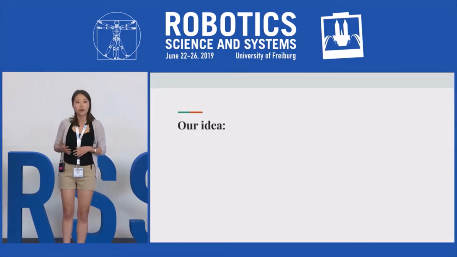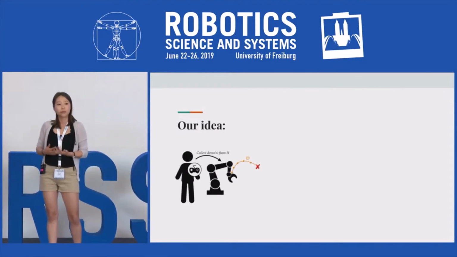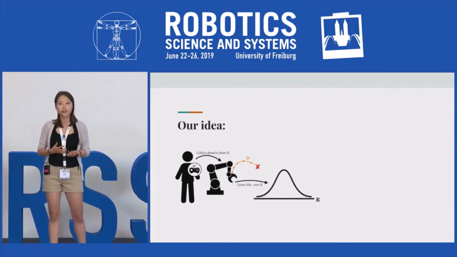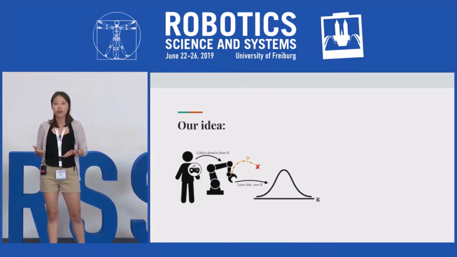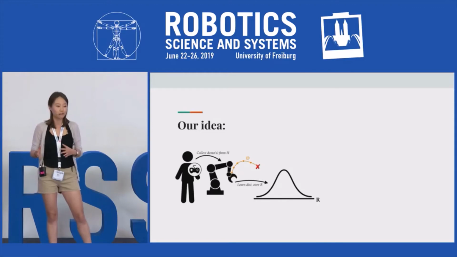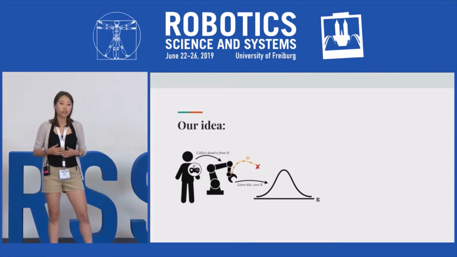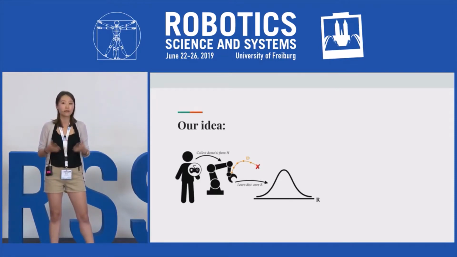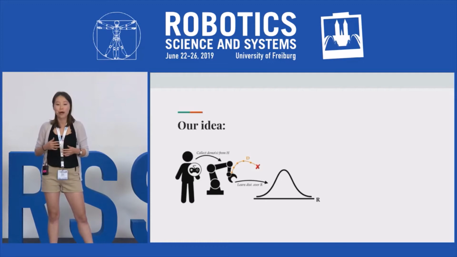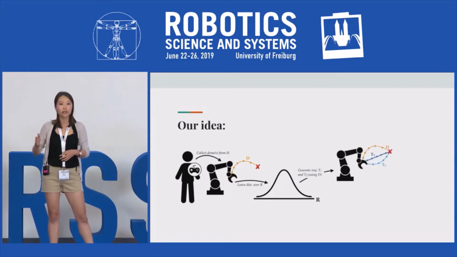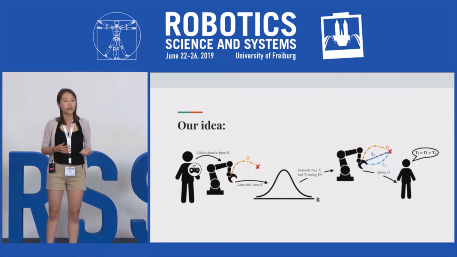Here's our idea. First, we collect demonstrations from humans, and then from those demonstrations, learn a distribution about reward functions, a prior, if you will. Now, although our prior may be imperfect, note that this prior effectively shrinks the space of possible reward functions. We can then use preference-based learning to learn a reward function in this much smaller space by repeatedly generating queries, getting feedback from humans, and then updating our distribution.